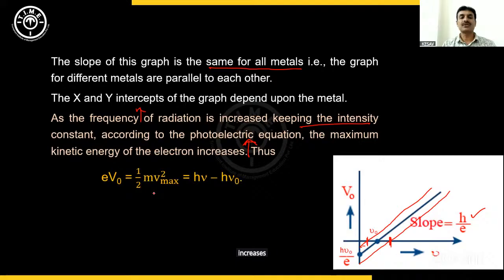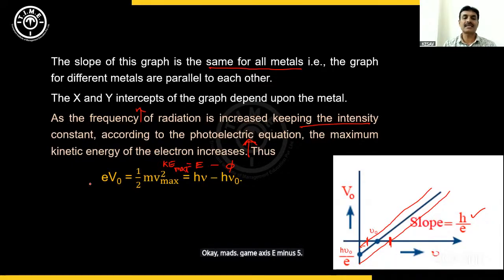So, based on that, eV naught is equal to half m v max square, and this kinetic energy is nothing but E minus phi. Okay, that's what Ke max is. Ke max is E minus phi.